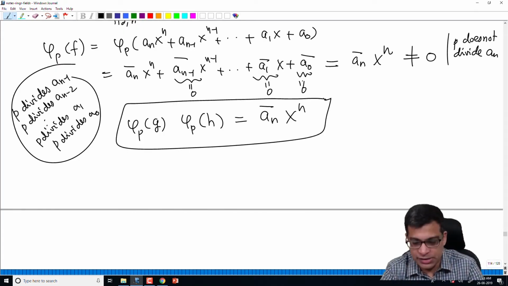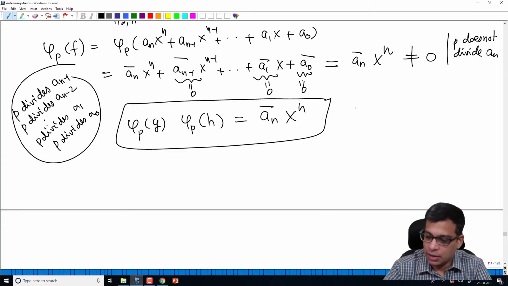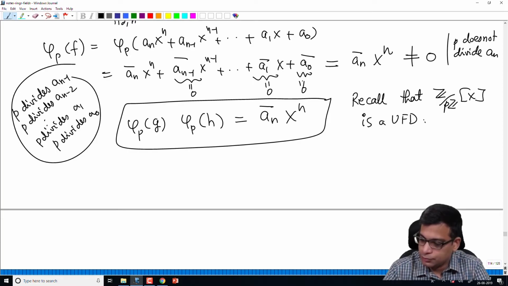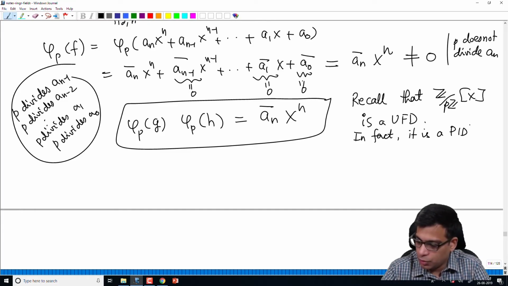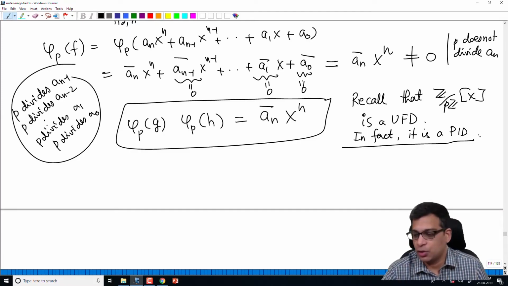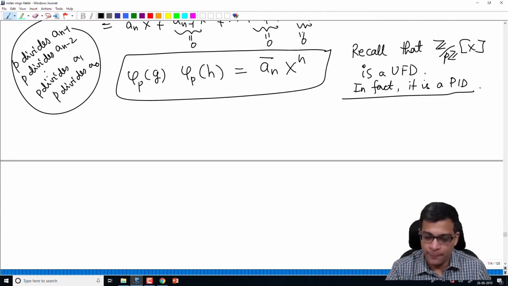Now we have two polynomials in (Z mod pZ)[x] whose product is this. Now recall that (Z mod pZ)[x] is a UFD, right? Because it is a polynomial ring over a field. In fact, it is a PID, which we don't need for now. We only need that it is a UFD, because Z mod pZ is a field, it is a UFD, so any polynomial ring over a UFD is a UFD. So it is a UFD, and you have a factorization of a monomial like this.